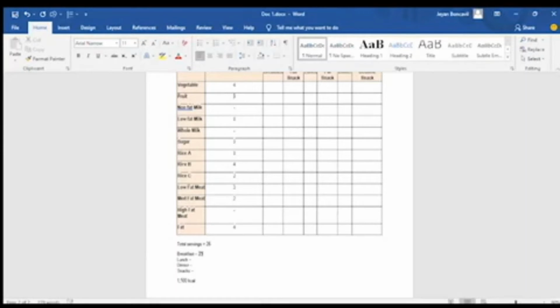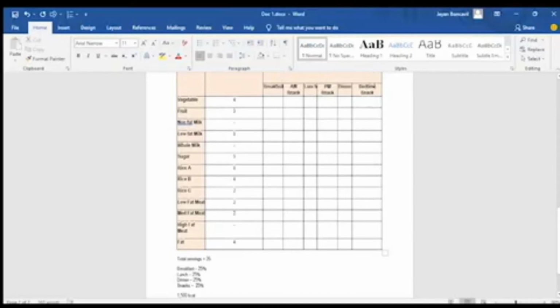So for breakfast 25%, lunch 25%, dinner 25% as well, then snacks 25%. Although snacks may seem a lot, since snacks are divided into 3, however we didn't decide to add a bedtime snack, so it'll be divided for AM snack and PM snack.